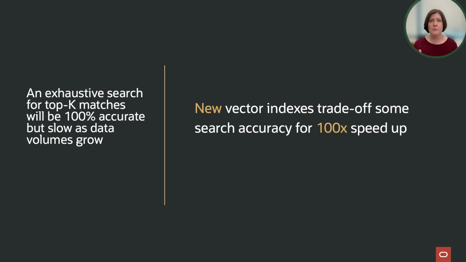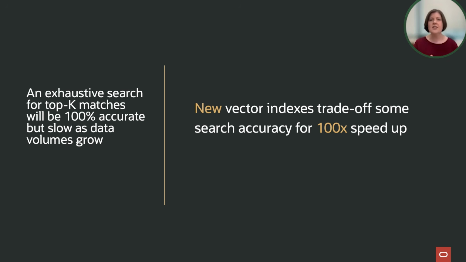And that works incredibly well as long as you only have millions or tens of millions of vectors in the table. But what if you've got a much larger data set, one with billions of vectors in it? Doing a full table scan for every query may not be the most efficient approach. And that's why Oracle has introduced new vector indexes to help improve the performance of these vector searches.